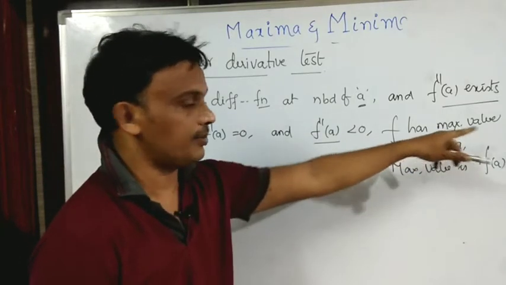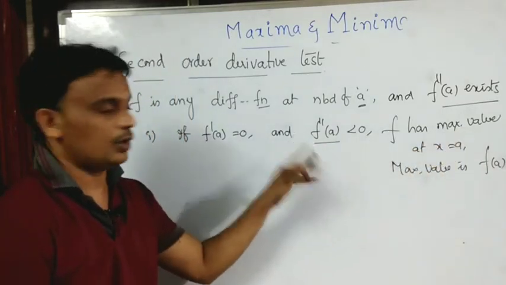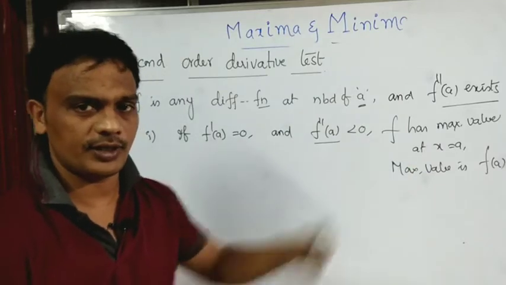Then f has the maximum value at that point, whose maximum value is f of A.